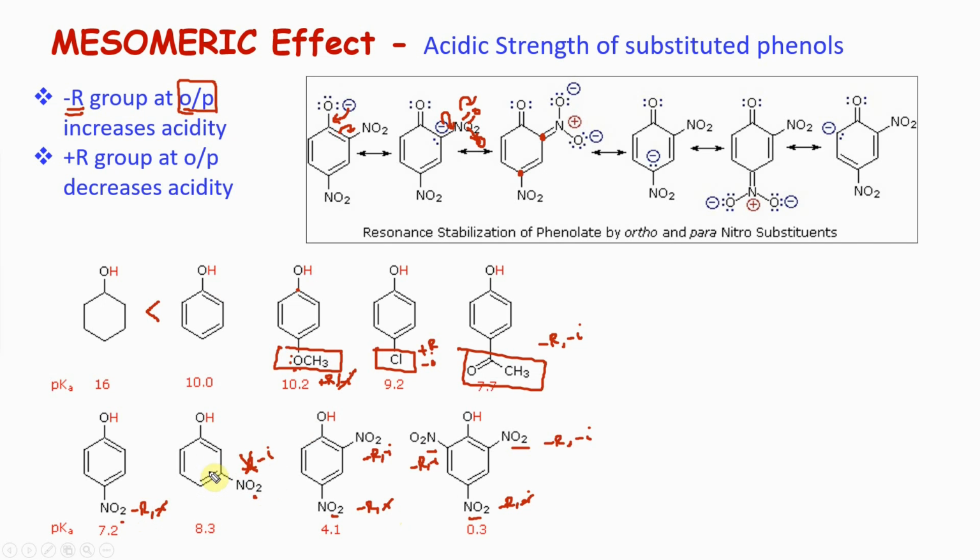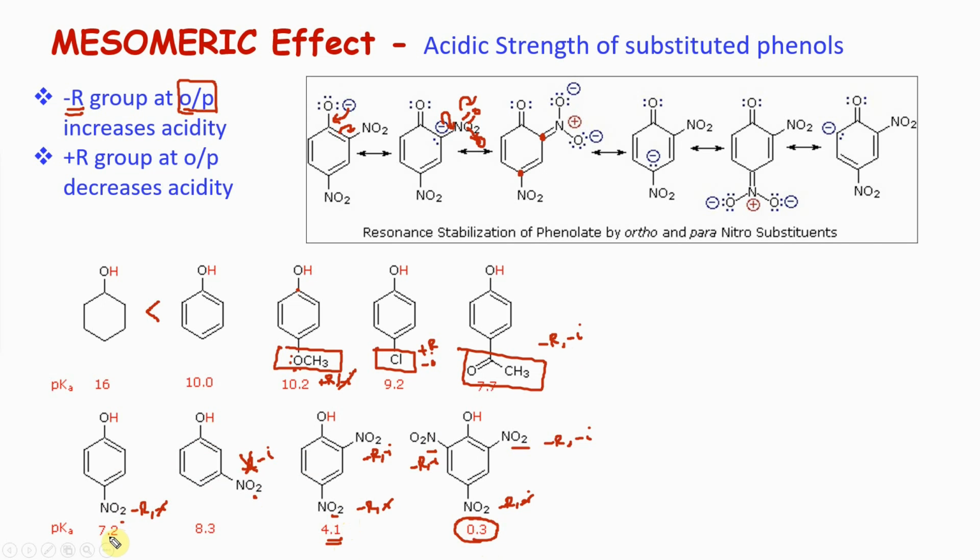Now among them, if you see who has the most number of minus R, this molecule. So this will be the most acidic. Yes, the pKa is very low. Then which one is going to be this particular one? Because there are two minus R. Then I go, what about minus R? Where else is minus R? Here there is minus R, here there is minus R. Who is the stronger minus R?